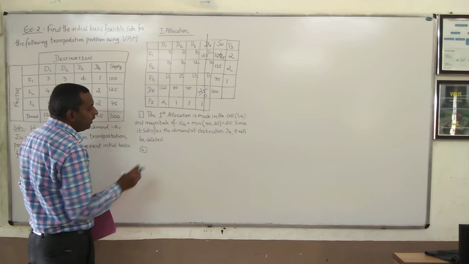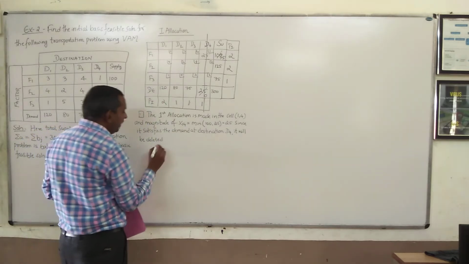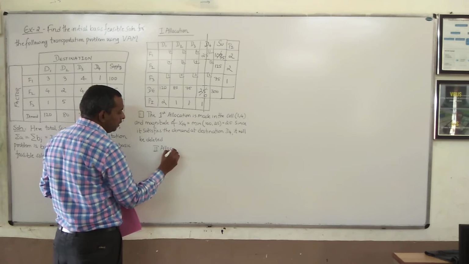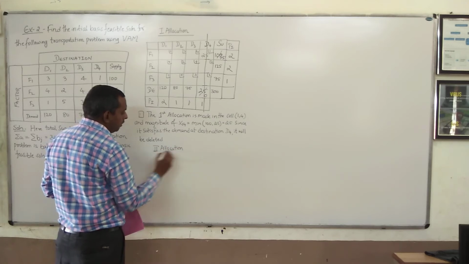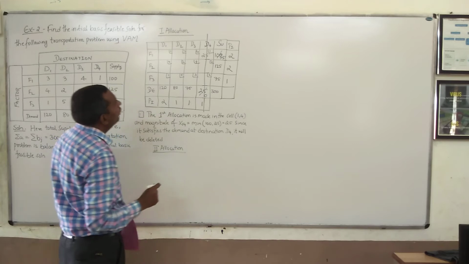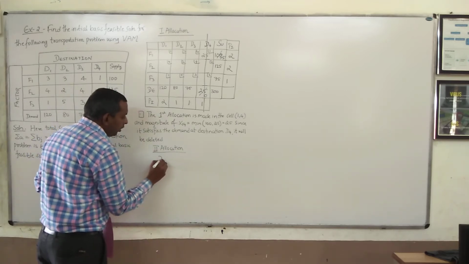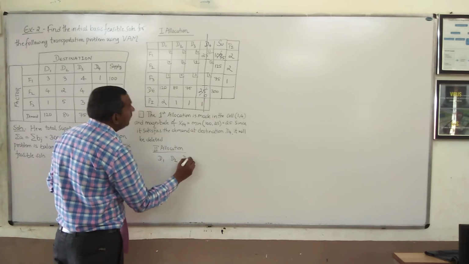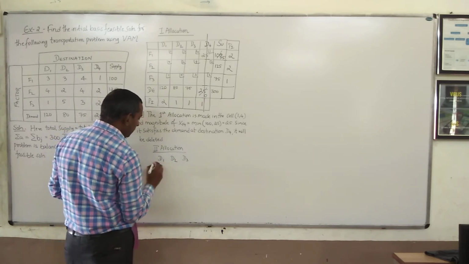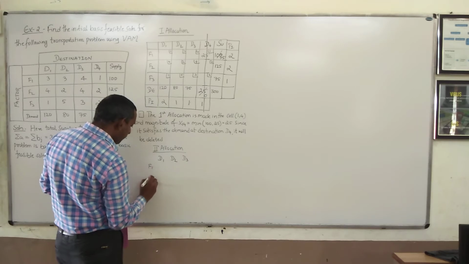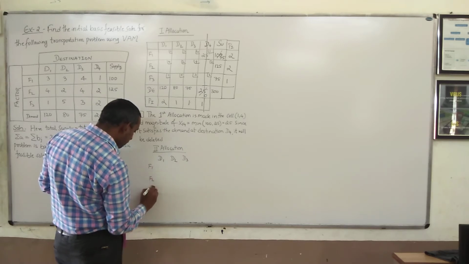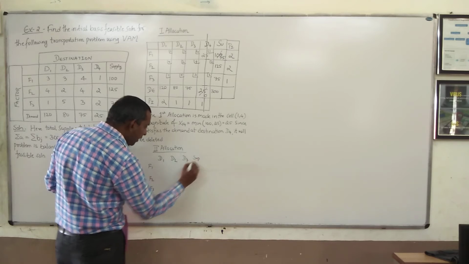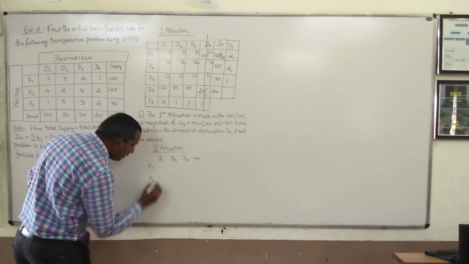So for the second allocation, again I need to draw the table: D1, D2, D3, and here F1, F2, F3, this is supply and this is demand.